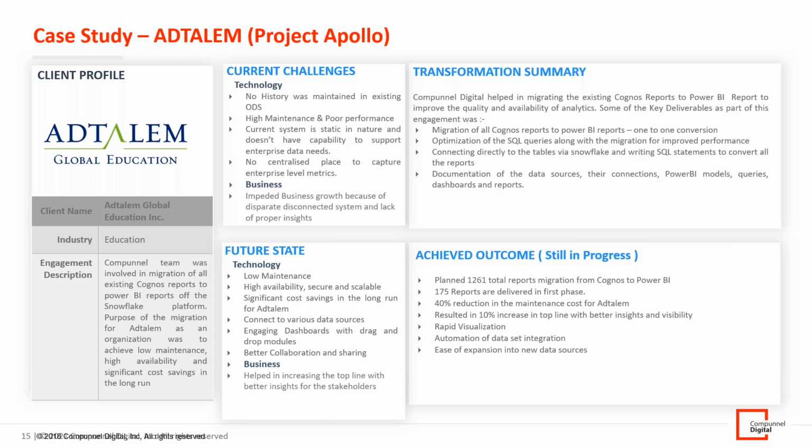It helped increase top line with better insights for their stakeholders, and a 40% reduction in maintenance cost was realized recently, after we implemented the Snowflake cloud system and the reporting system based on Power BI. It resulted in a 10% increase in top line with better insights and visibility. They also achieved rapid visualization, automation, data set integration, and ease of expansion into new data sources.